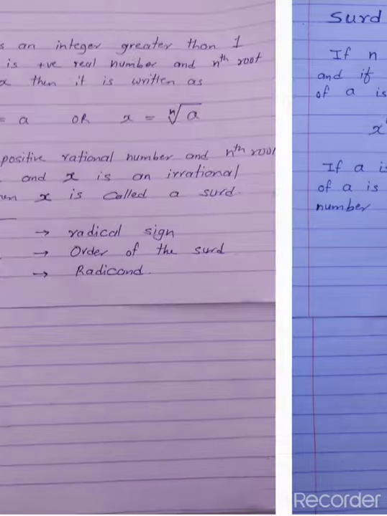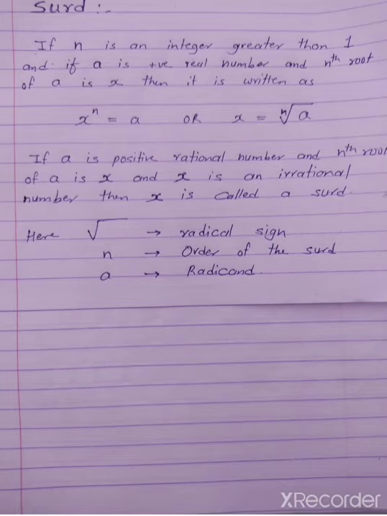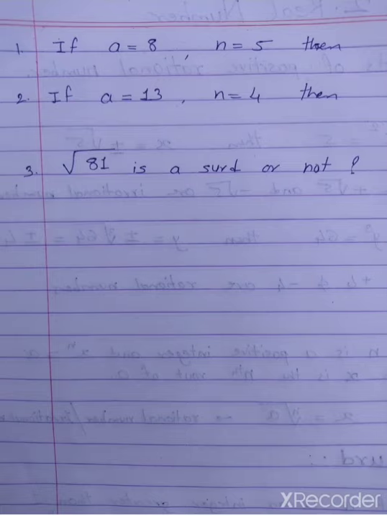So let us create some surds. Here this symbol is called the radical sign. This power n is called the order of the surd, and this a is called the radicand. Here the value of n, meaning the order of the surd, is 5.